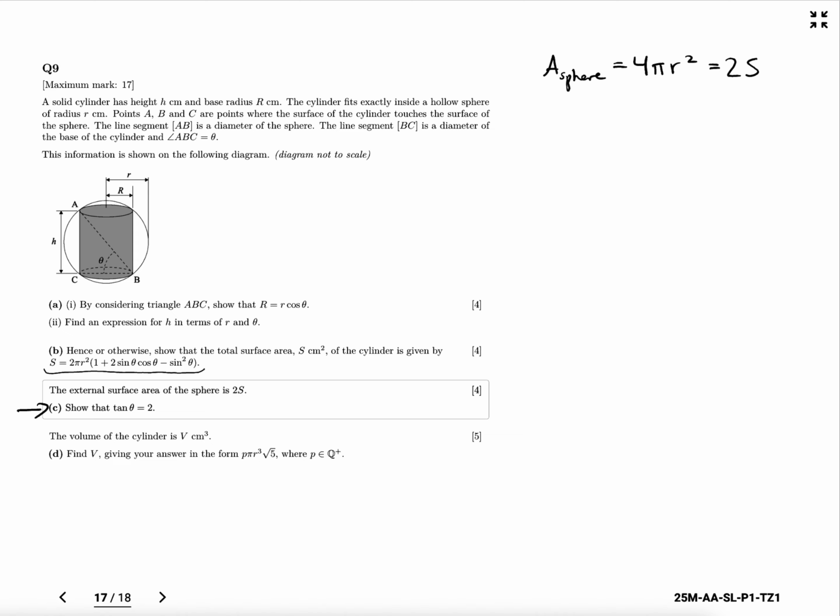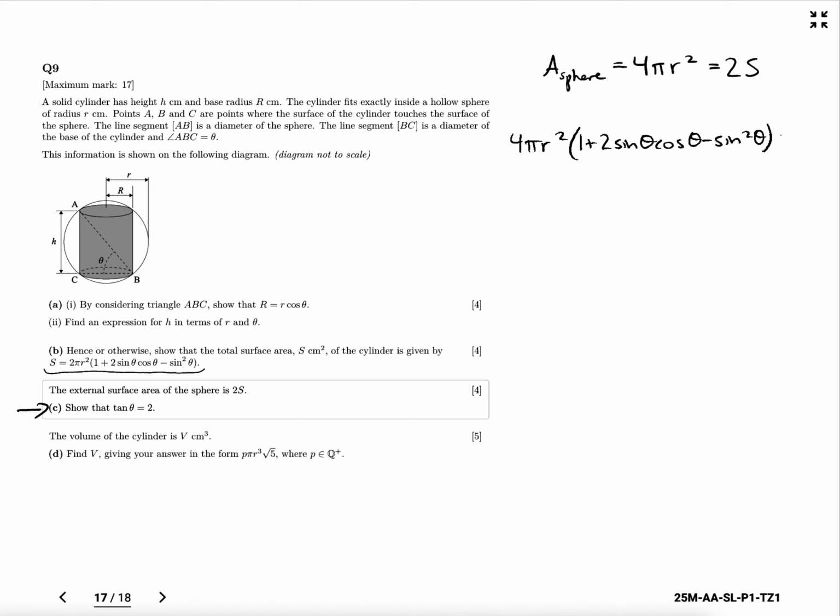So if we write down the whole of 2s, it is going to be 4 pi r squared times all the stuff in the bracket, and we know that that's the same as 4 pi r squared. So luckily 4 pi r squared appears on both sides, so they're going to cancel.